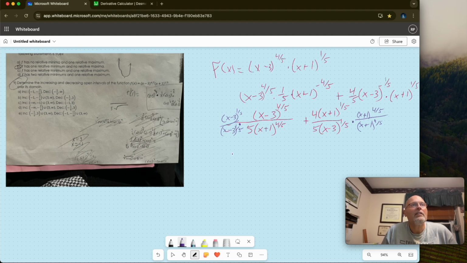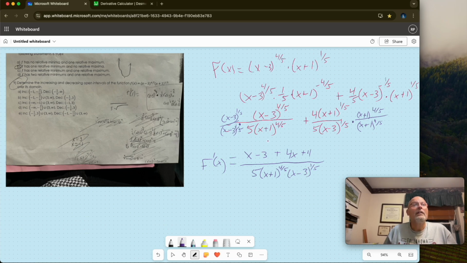So my f prime of x will be x minus 3 plus, this becomes x plus 1, so plus 4x plus 4 over 5 times (x plus 1) to the 4/5, (x minus 3) to the 1/5.